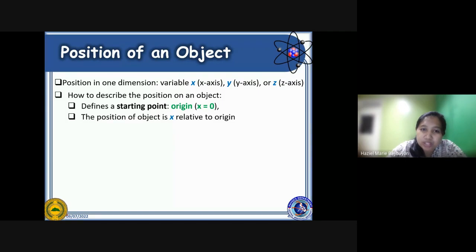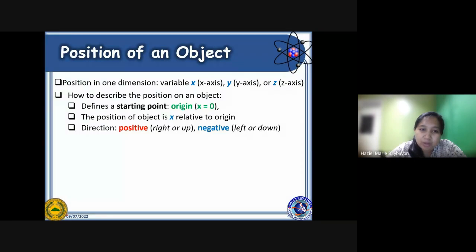Okay, so it is important to have a starting point nga i-consider when we describe motion. Okay, so the direction relative to the origin can be positive if you are going to the right or upward or eastward or northwards, okay?